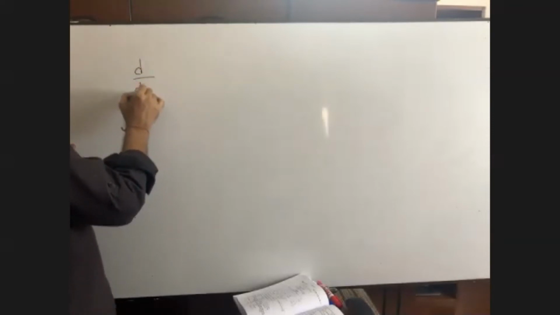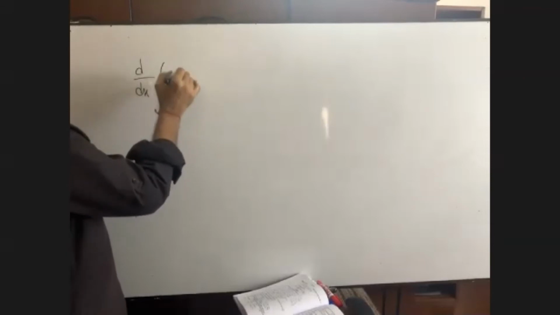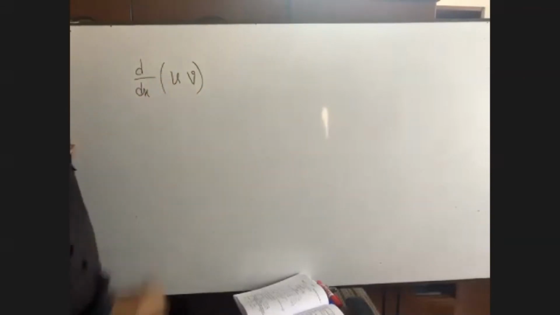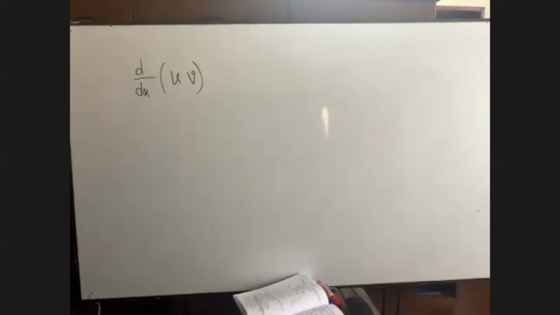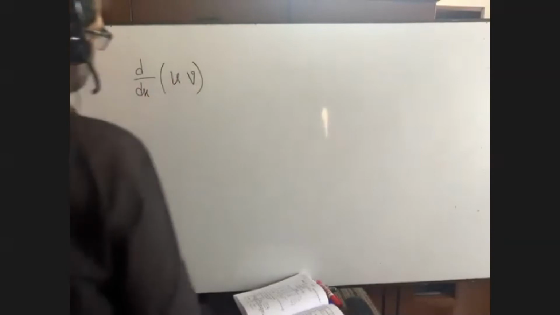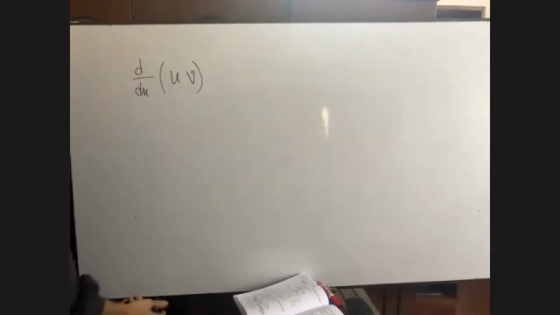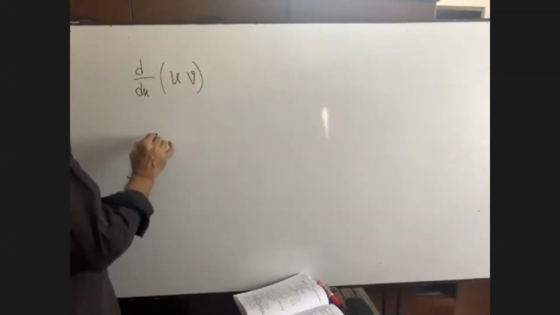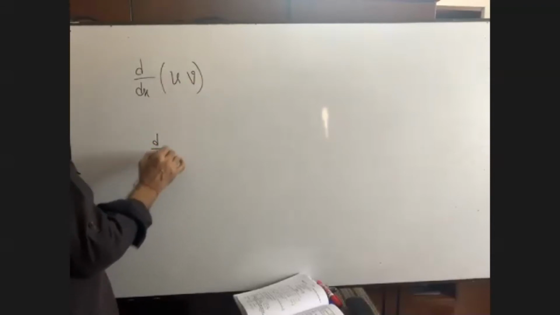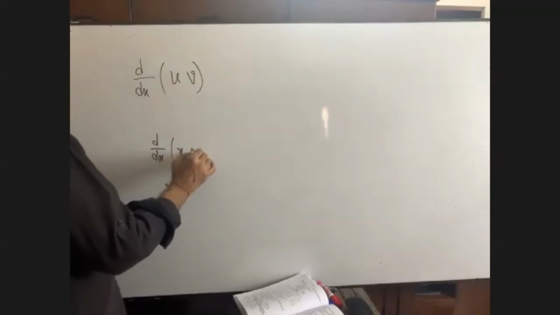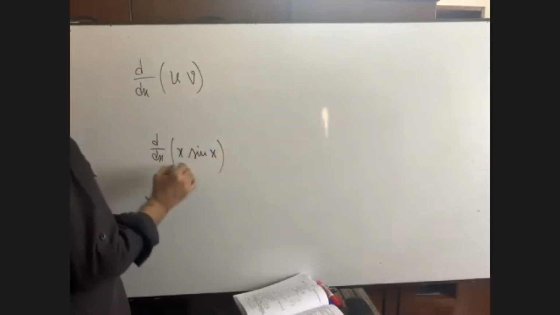Now please be introduced with another formula. Write down at first. d by dx of uv. Please try to understand. uv means u into v. Suppose a math is given like this: x sin x. It is u, it is v.